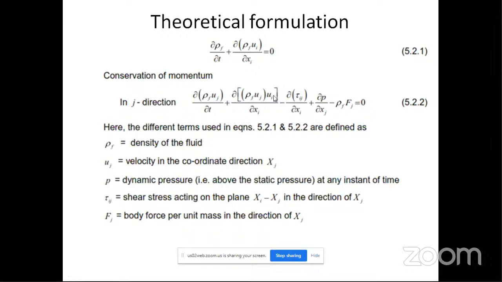Is it clear? Yes, sir. Otherwise, you can see any fluid mechanics book, where the continuity equation and conservation of momentum equation are there. Based on these two equations, we have gone forward.